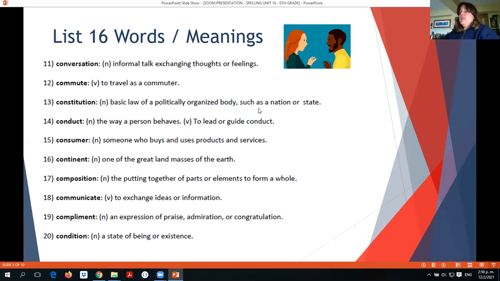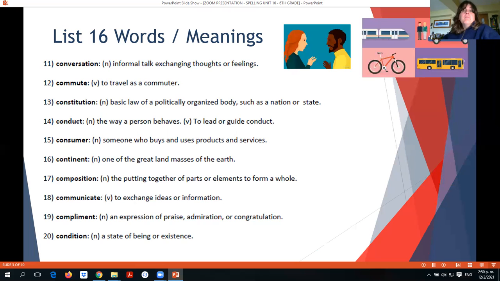For example, if I live here in Manzanares and I work in Altamira, every day I go to Altamira and I travel that distance either by car, by bus, or by bicycle, or any special means of transportation, okay? So I'm a commuter because when you do this distance every day in order to go to work, you commute, okay? That is to commute, to go that distance in order to get to work.